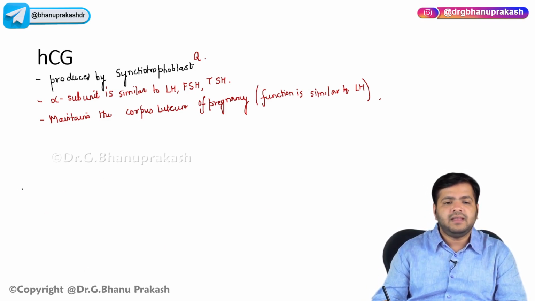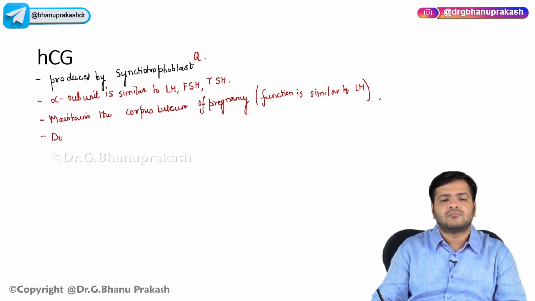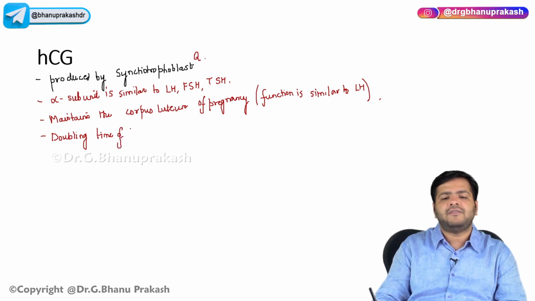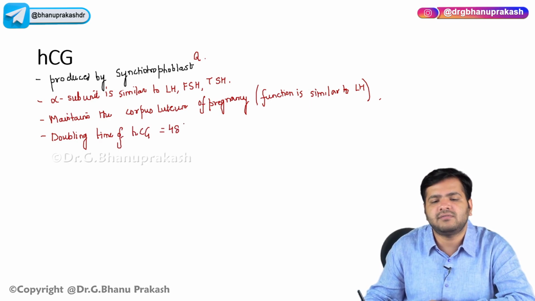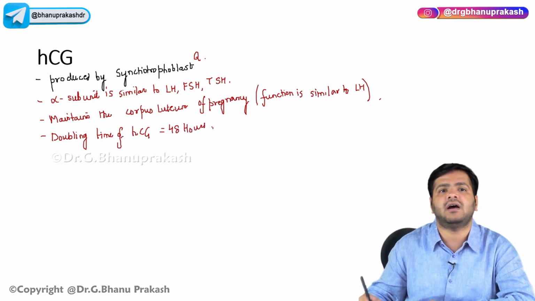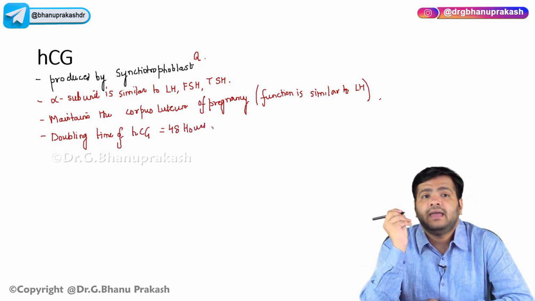Now, the doubling time of HCG is around 48 hours, right? It is around 48 hours.